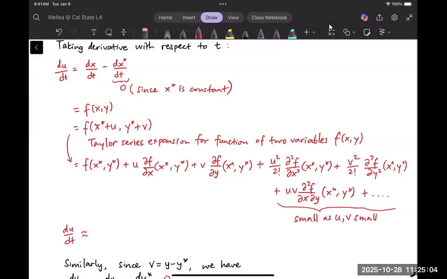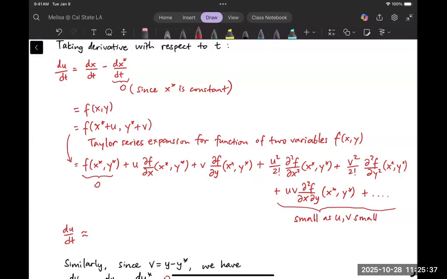And even more, we know something about the first one. How much is f evaluated at x star, y star? This one is 0, right? Because x star, y star is a fixed point, and the way you find a fixed point is by setting f and g both equal to 0.